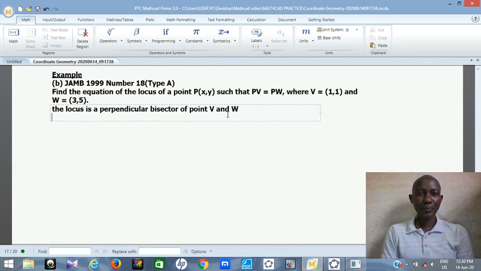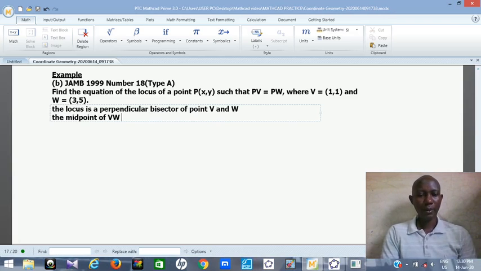Number one, we need to get the midpoint of V and W. Remember, we did midpoint the other time. For the midpoint, you get your x1 plus x2. Since it's V and W, x1 is 1 and x2 is 3.